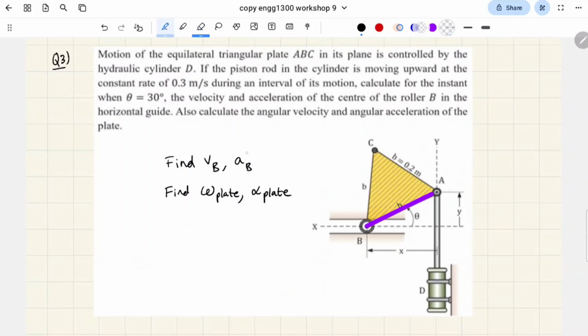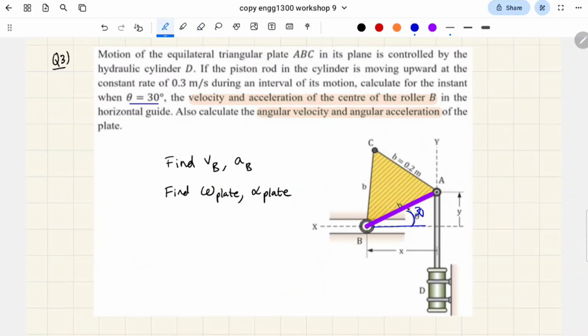But another important thing is we're going to have to find the velocity and acceleration of the center of roller B, right? So that's those two. And we're going to have to calculate the angular velocity and angular acceleration of the plate, right? So that's that. In terms of information that we're given, theta is 30, right?